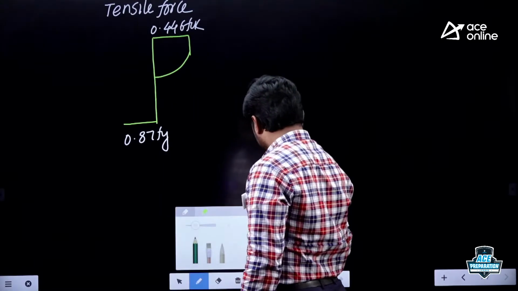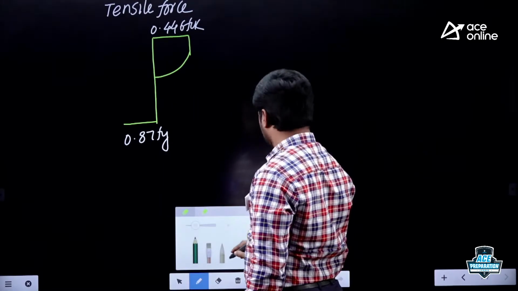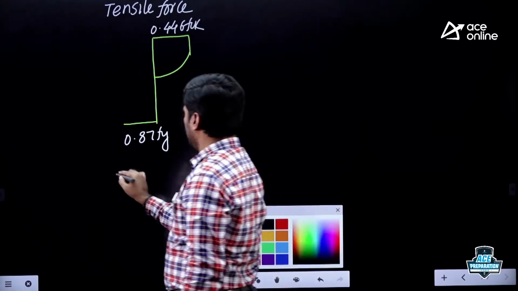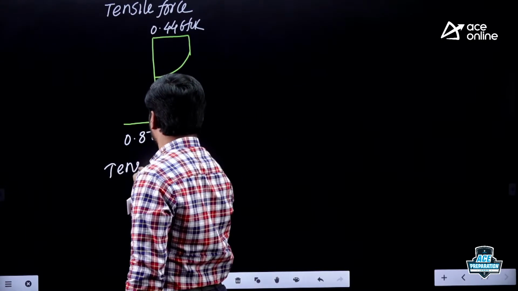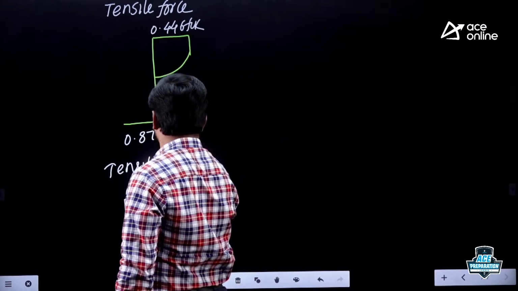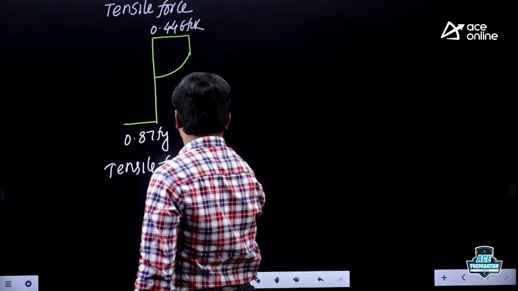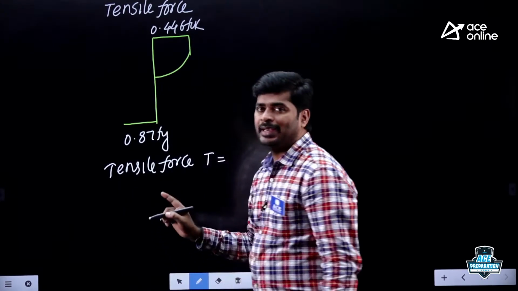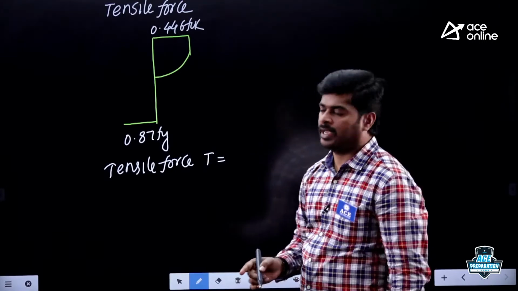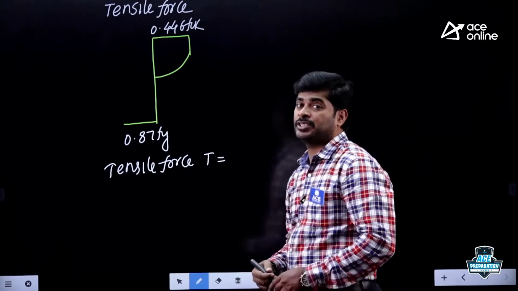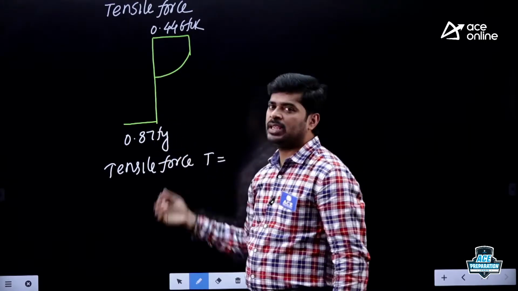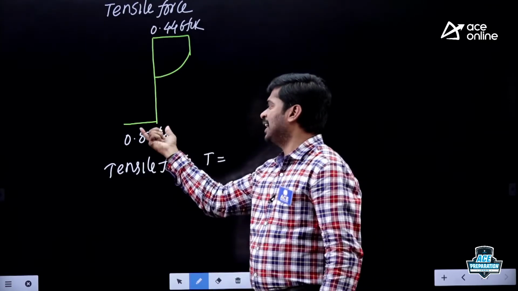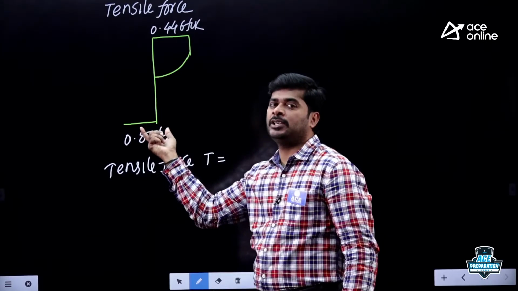We want the tensile force, right? Tensile force T equals design stress into corresponding area. No need to take the average stress because stress is not varying in the tension zone. Stress is acting only at the level of steel.